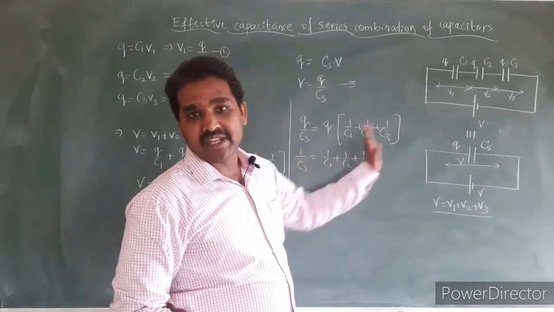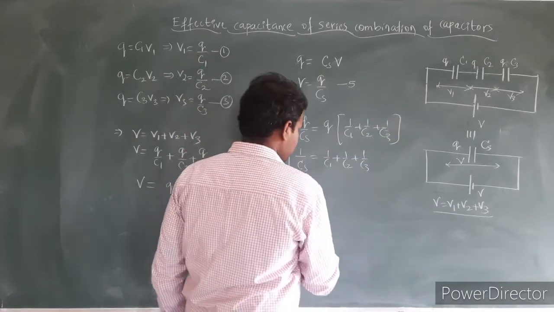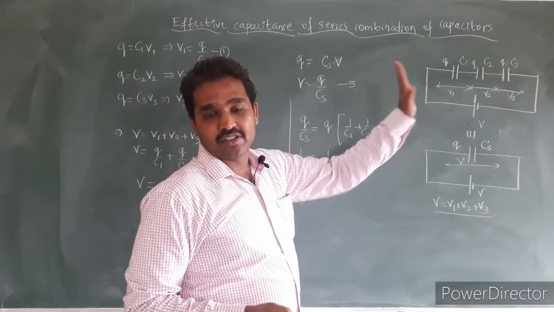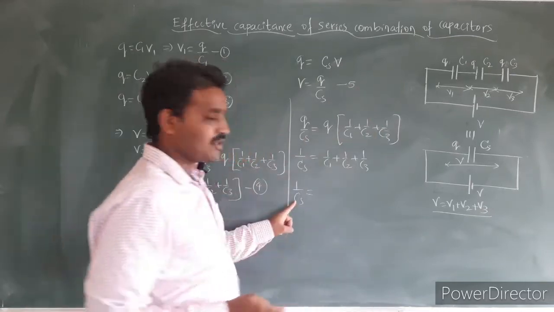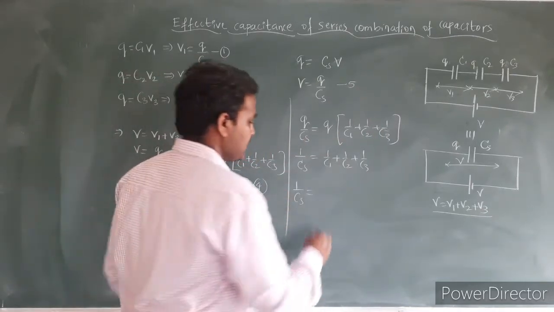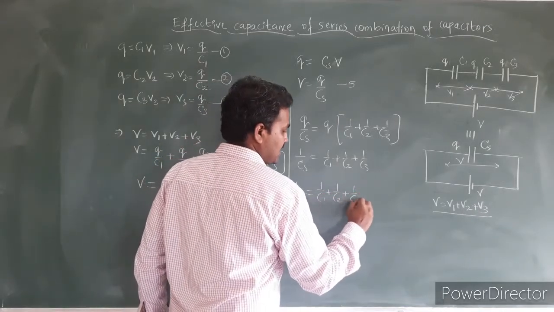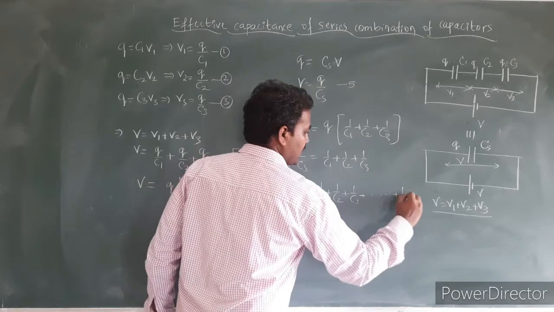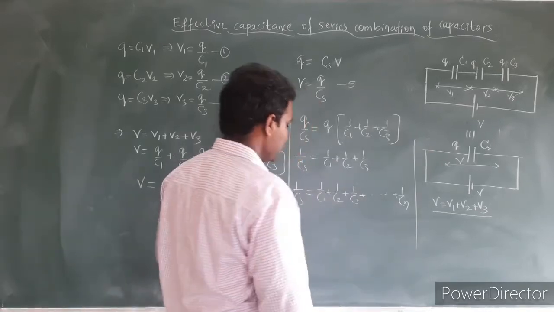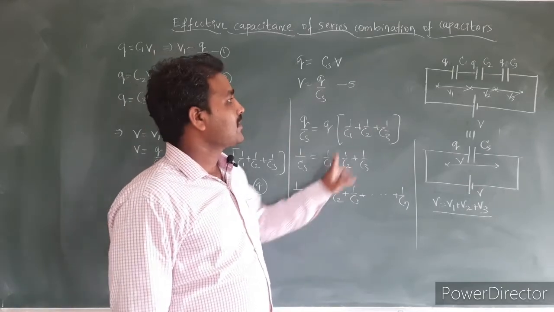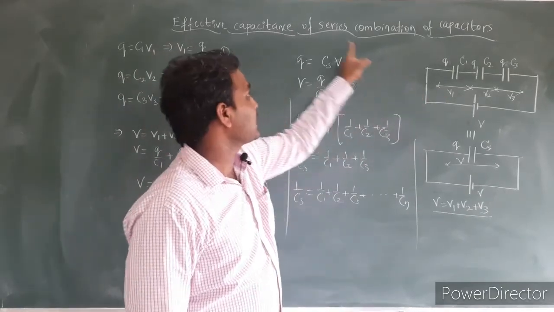The same equation can be extended for n number of capacitances. So in general, when I have a series combination of n capacitors, the effective capacitance is given by 1 by CS is equal to 1 by C1 plus 1 by C2 plus 1 by C3 up to 1 divided by Cn. This is the general expression for the effective capacitance of capacitors connected in series.